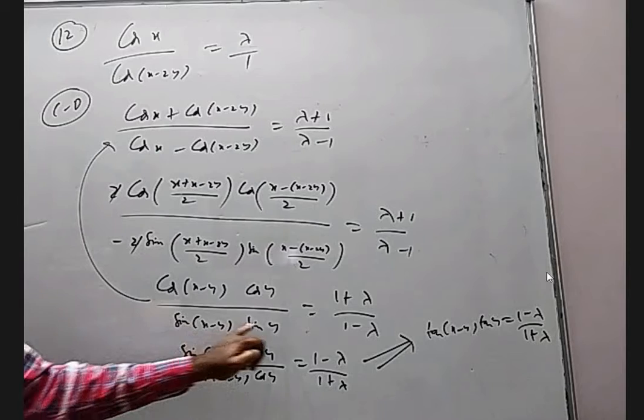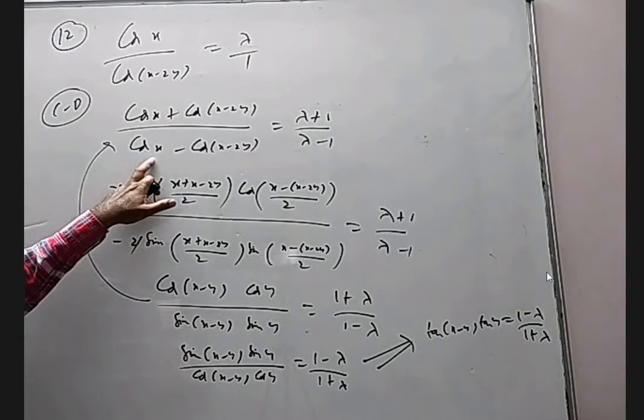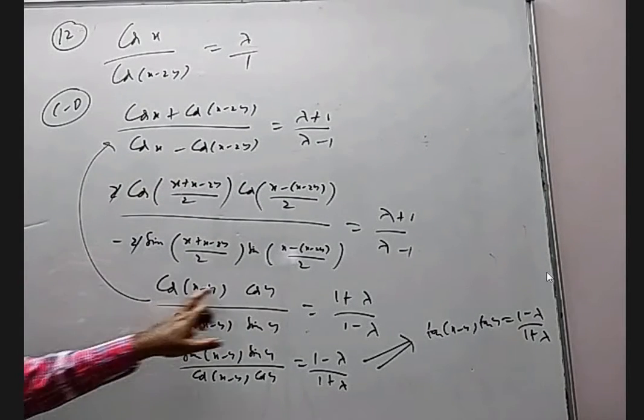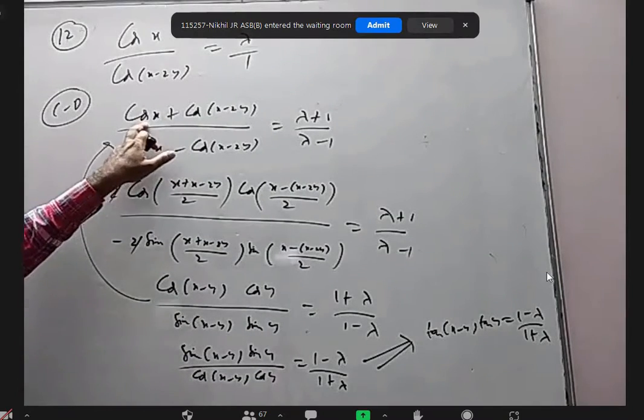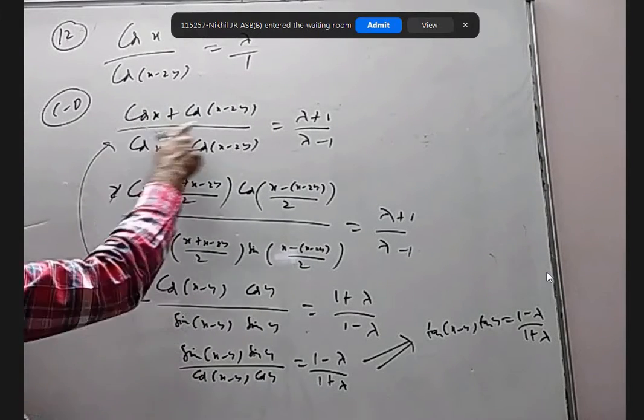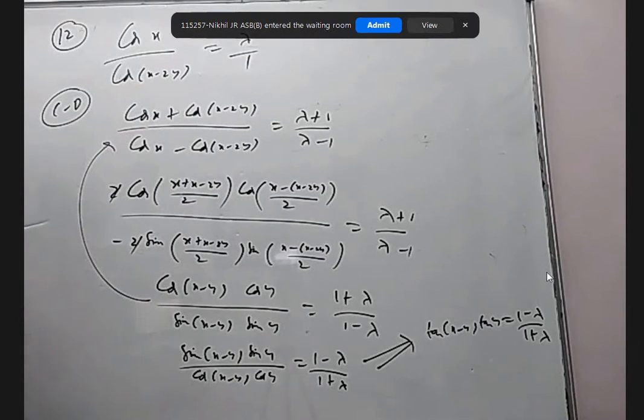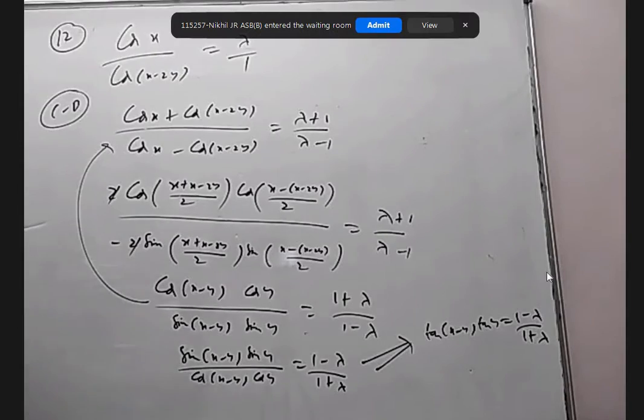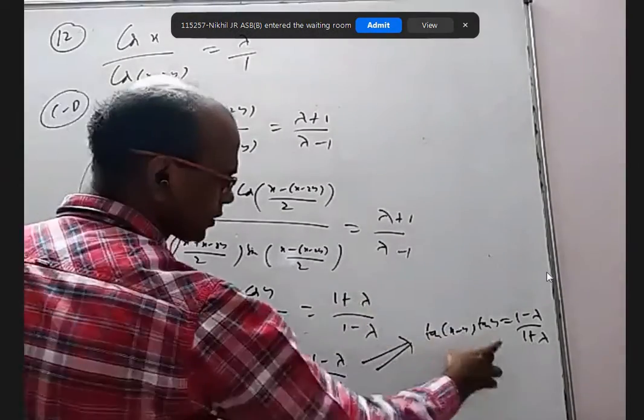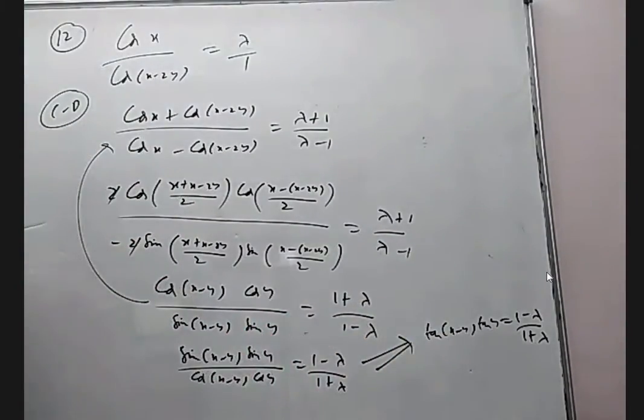How? 2 sin A sin B, I can write as cos(A minus B) minus cos(A plus B). 2 cos A cos B, I can write as cos(A plus B) plus cos(A minus B). And then I have to divide by cos(x minus 2y) and substitute lambda there. So it is possible to do the whole question in reverse order. If somebody wants to start with writing sin by cos, multiplying by 2 and dividing by 2, no problem.